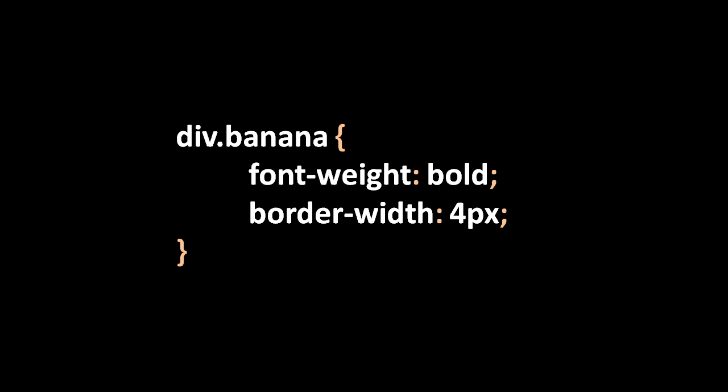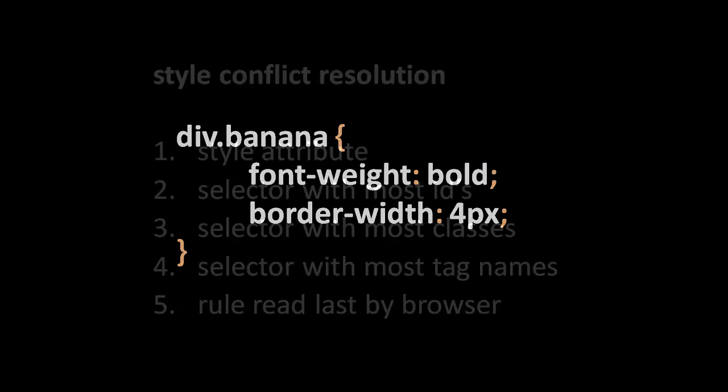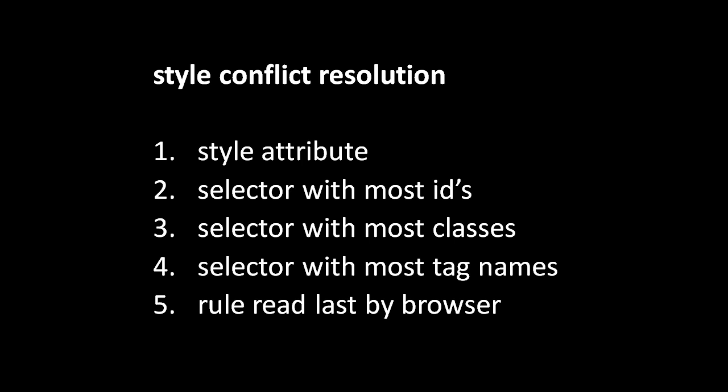Now, when we throw a bunch of CSS rules into our document, the possibility arises that there might be some sort of conflict. There might be contradictory styles being applied to the same element. So the question is, how does the browser resolve these conflicts? Well, the rule is simply this. First off, if the style attribute is being applied, then the properties specified in that style attribute always take precedence.